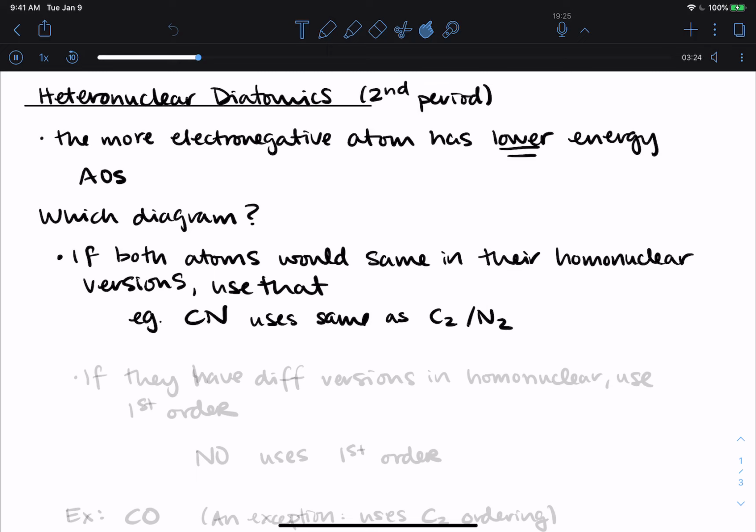If the atoms have different versions in their homonuclears, you should use the first order diagram.